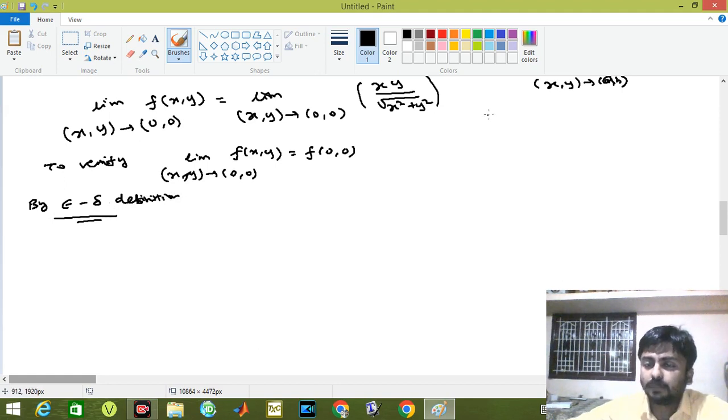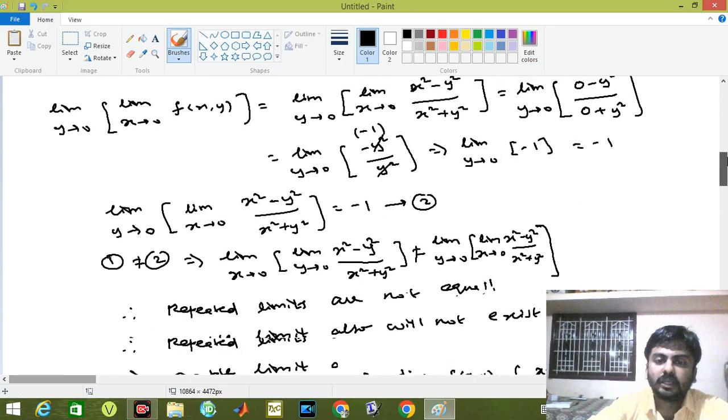What is that epsilon, what is that delta? We have already proved x minus a. I think I have given it in the definition. See above, I have mentioned it like this in the definition itself. See here.